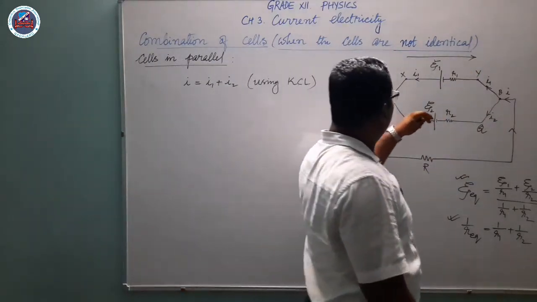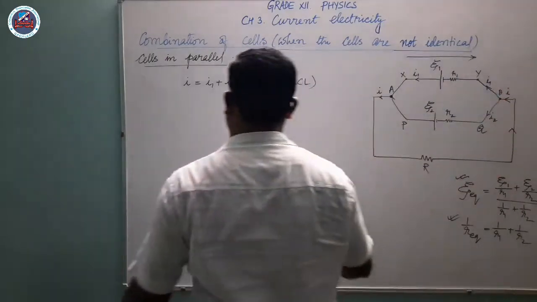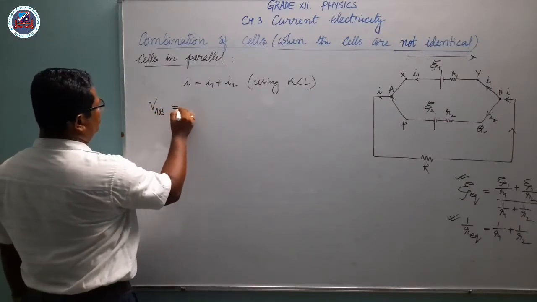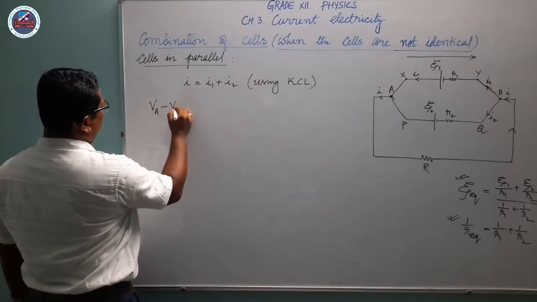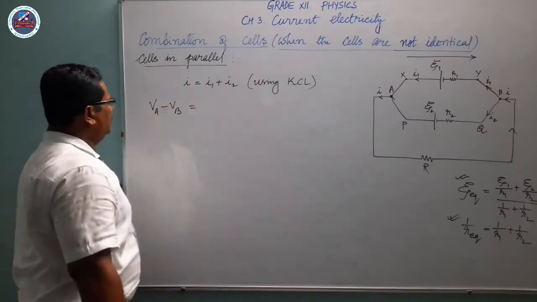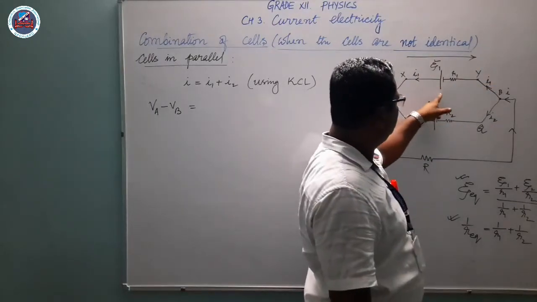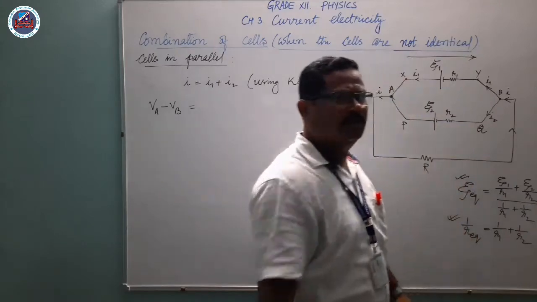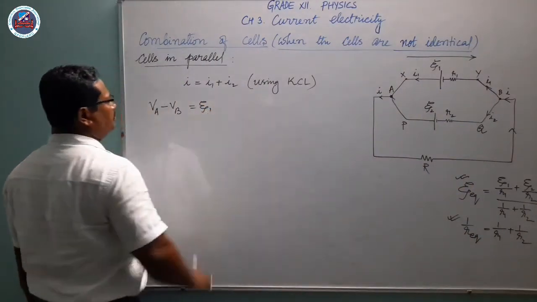So the potential across A and B we write as VAB, which is VA minus VB. Then I use the rule. The path is this side, and the terminal of the cell is from positive to negative, which we are taking as positive, so it will be epsilon 1.